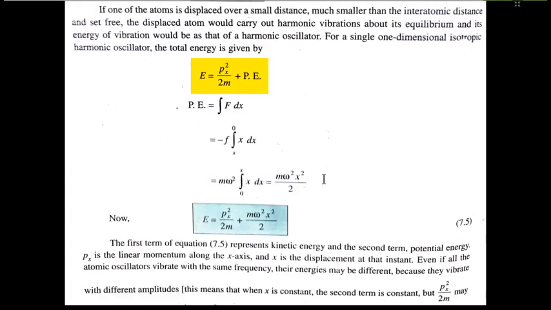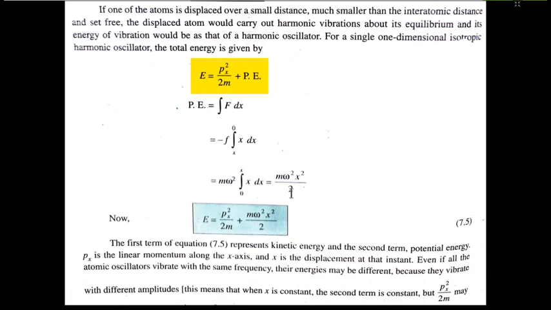So with this concept, the total energy of an atomic harmonic oscillator has only two parts, in classical theory: one is the potential energy, and another is the kinetic energy. So I add up both, and then I do the integration, because potential energy is 1/2 ∫ f dx, where f is the force constant times the displacement x, between 0 to x, and therefore the outcome is m omega square x square by 2.